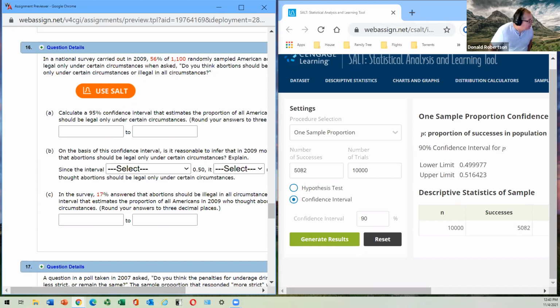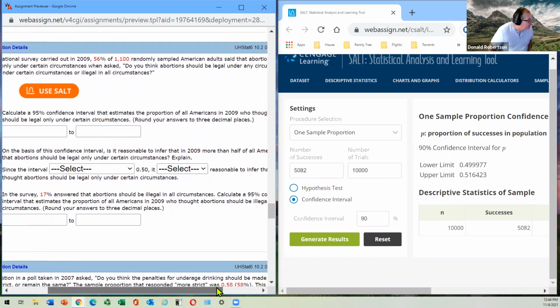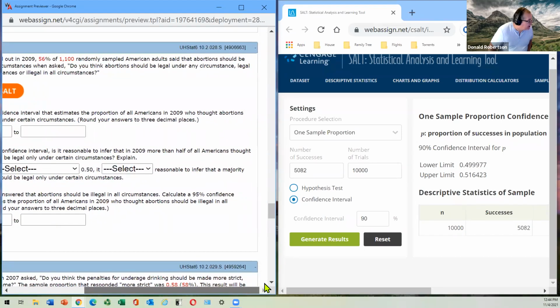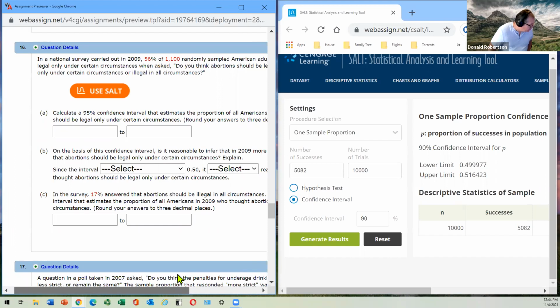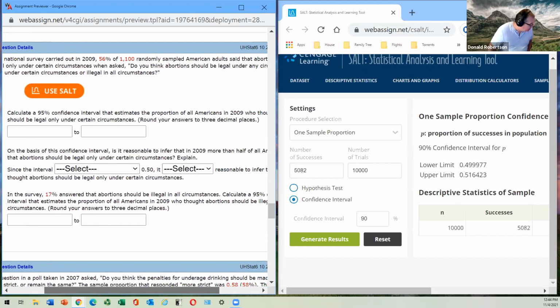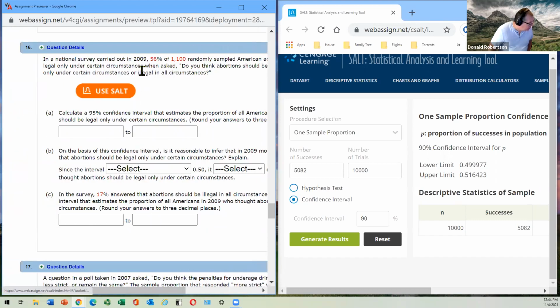And they were asked, do you think that abortion should be legal under any circumstance, legal only under certain circumstances, or illegal in all circumstances? So that 56%, they chose from the list of 3 the middle one, under certain circumstances.